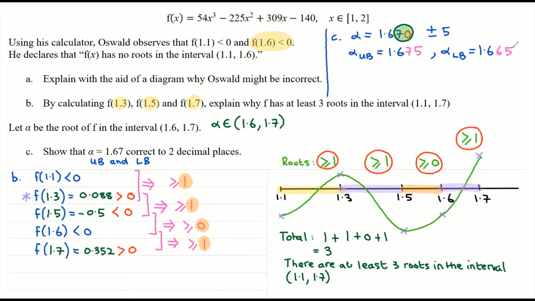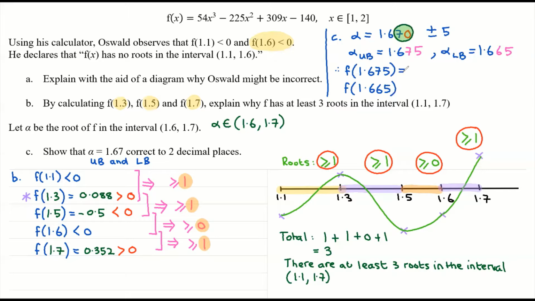Great. Now we have to show that we have a root at alpha equals 1.67 correct to 2 decimal places. So what we need to do now is calculate f of each of those. So therefore f of 1.675 and f of 1.665.